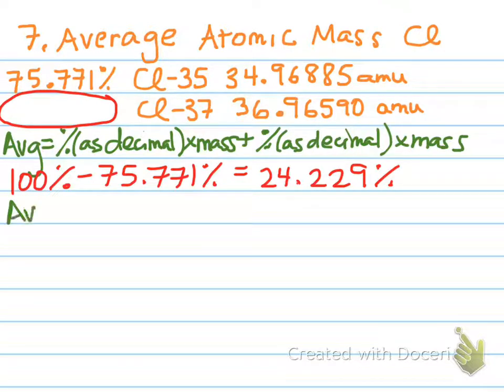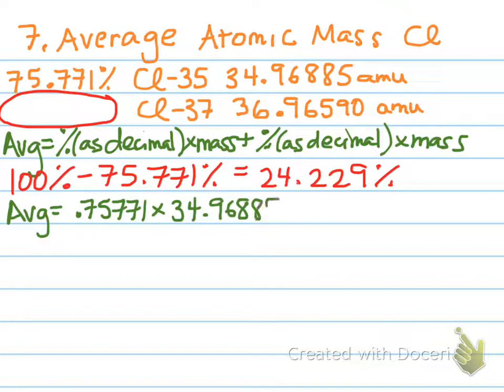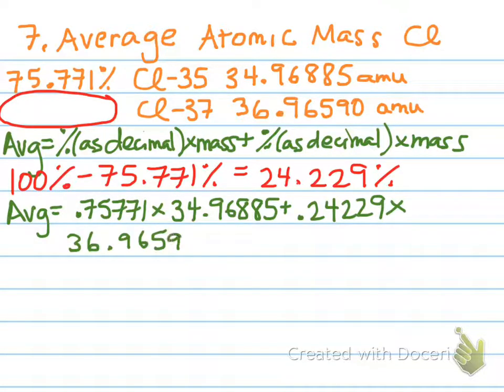So my average is going to be 0.75771 times 34.96885 plus 0.24229 times 36.96590. Okay, and when you do that, you should get about 35.4527.